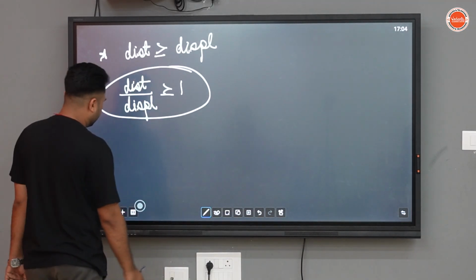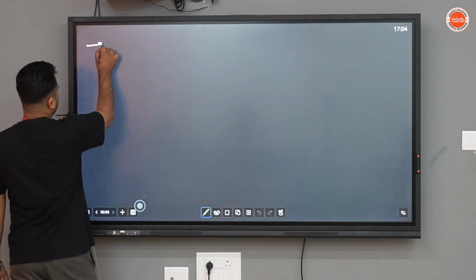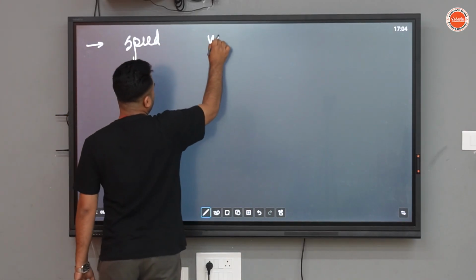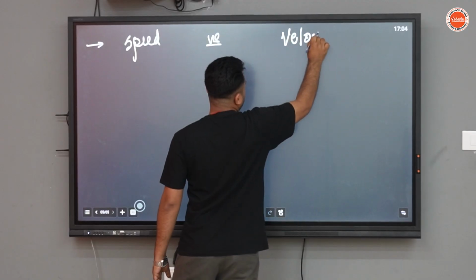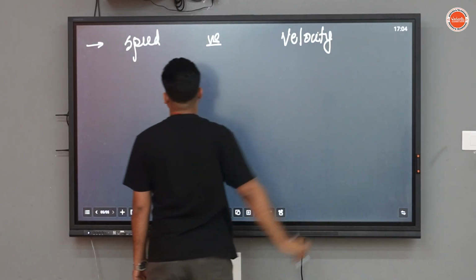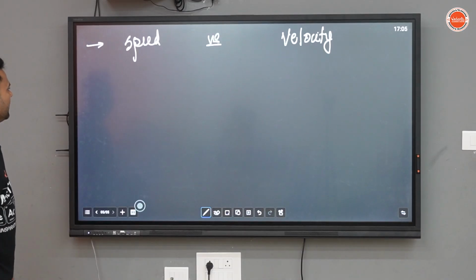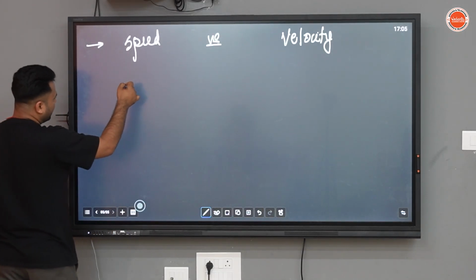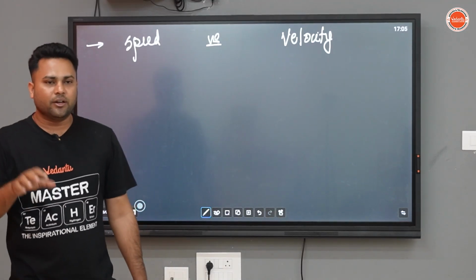Next concept, speed versus velocity. So speed is basically how much total distance you have covered by time.